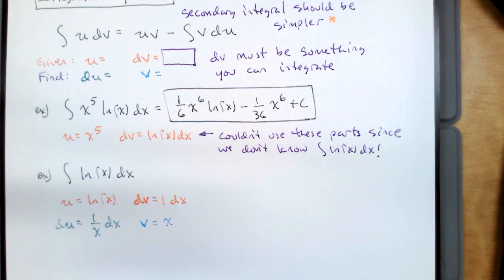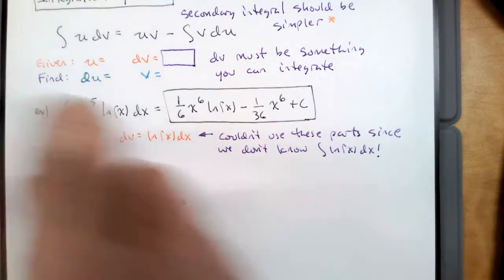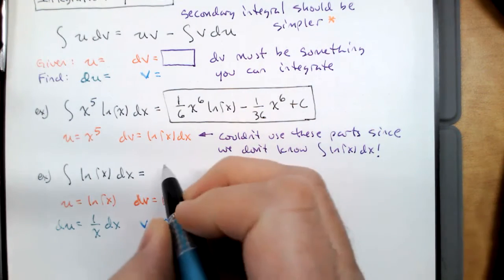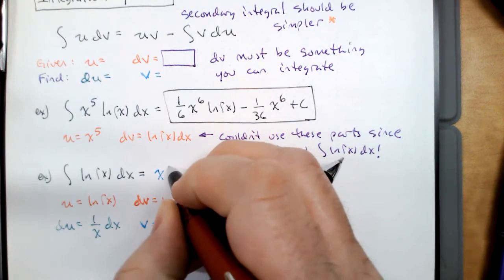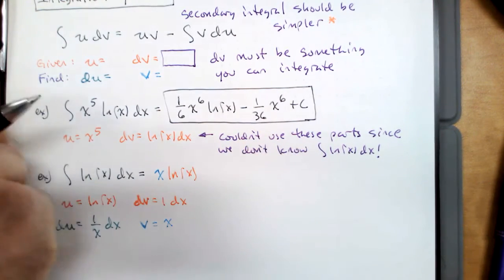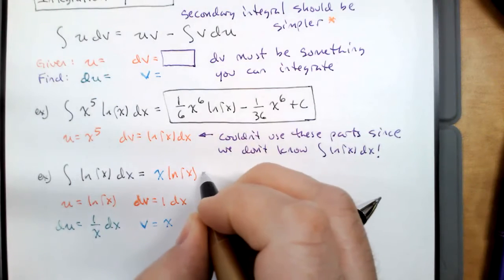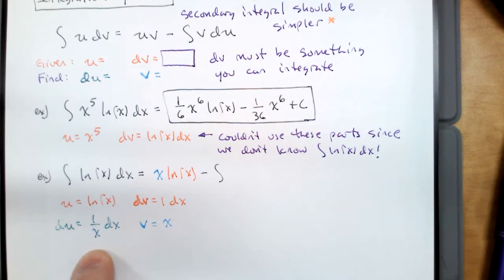Step 3, put the 4 parts into the parts formula. So I'll have uv minus the integral of v times du.